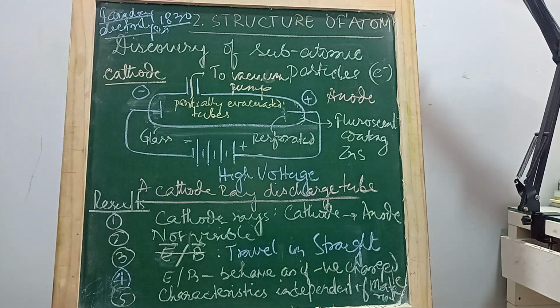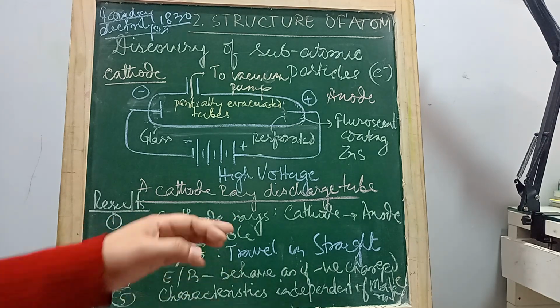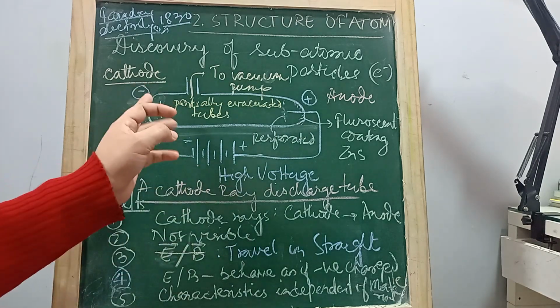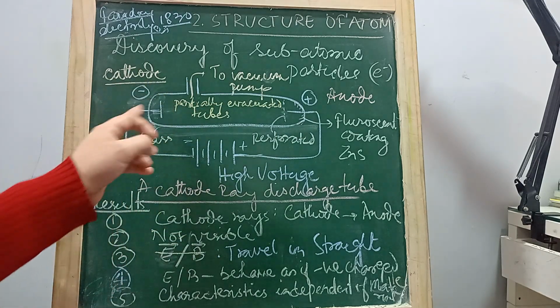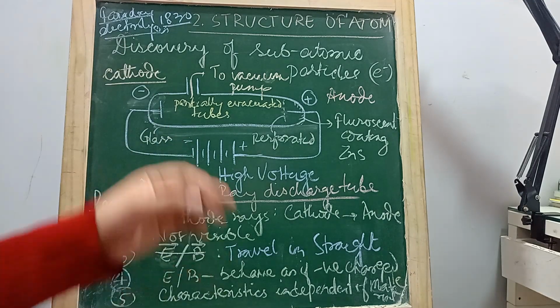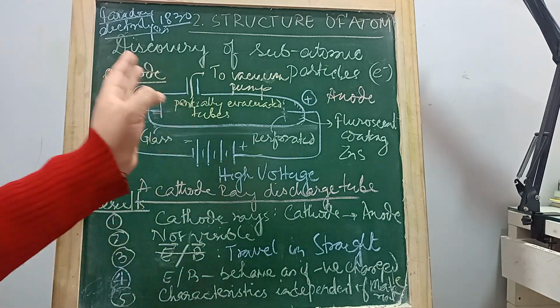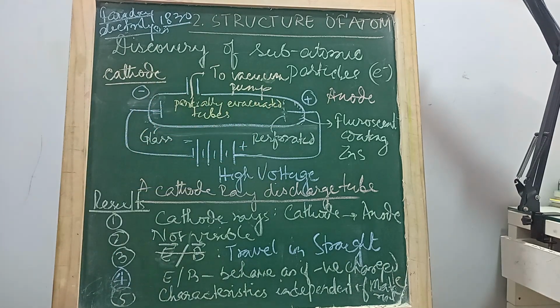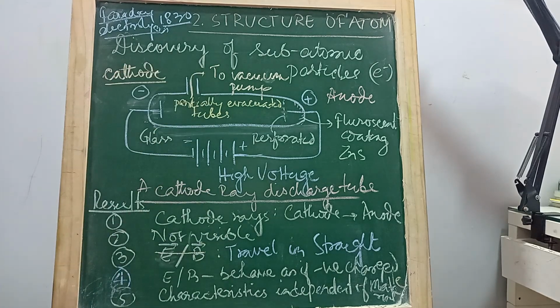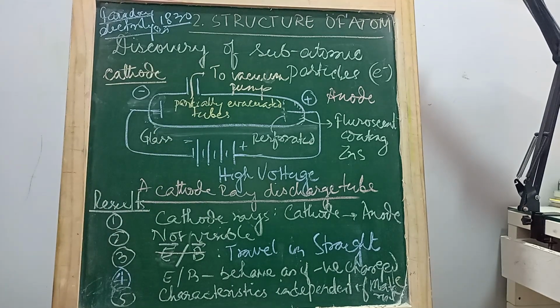What we find is that cathode rays got emitted not from the anode, but from the cathode, the electrode joined to the negative terminal of the battery. It was emitted from the cathode, and it traveled towards the anode, although it was not visible. The second point is that the cathode rays were not visible. They were so small that they were not visible to us.